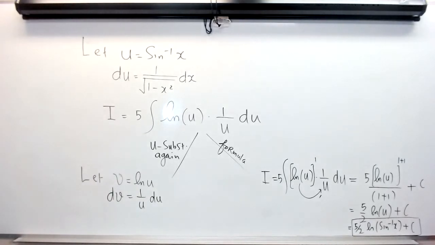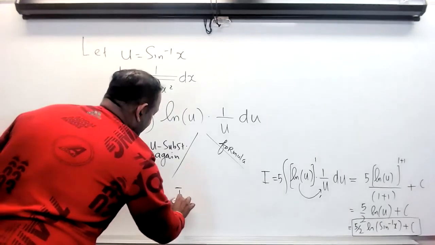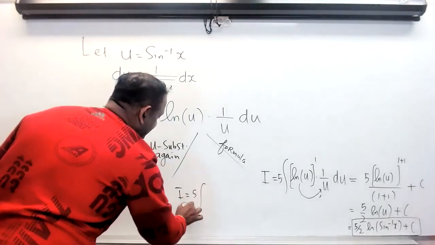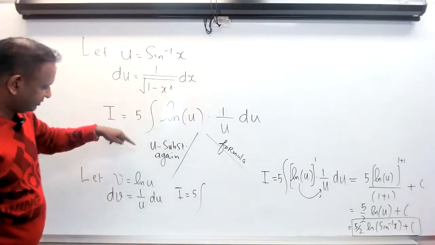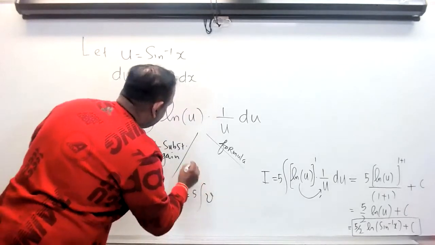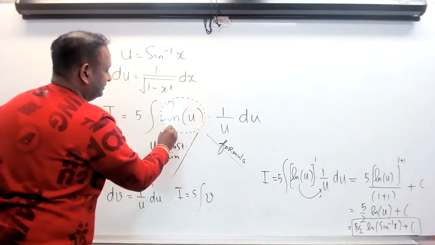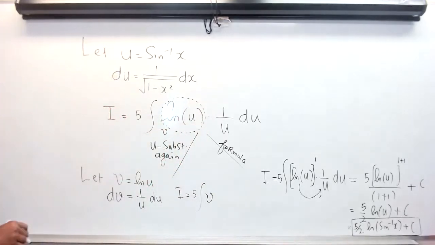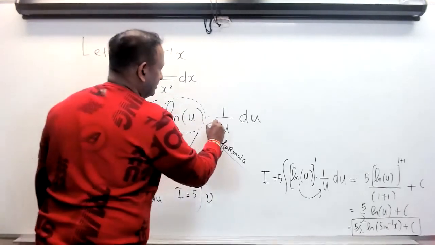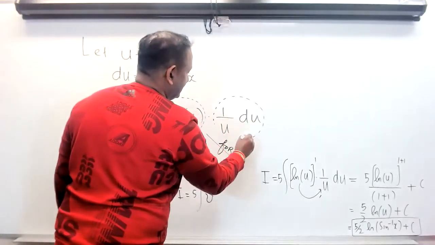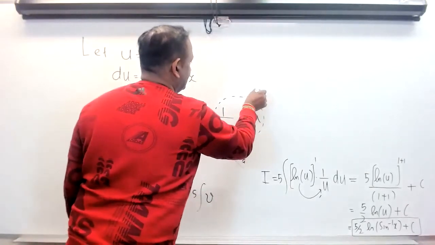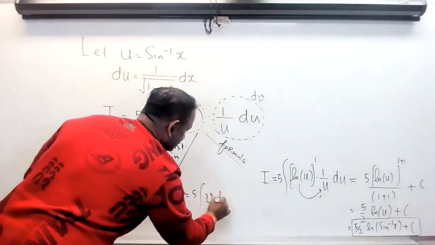So that means I means phi integral, ln u is v, the whole thing is v, and 1 over u du, the whole thing is dv. See, dv.